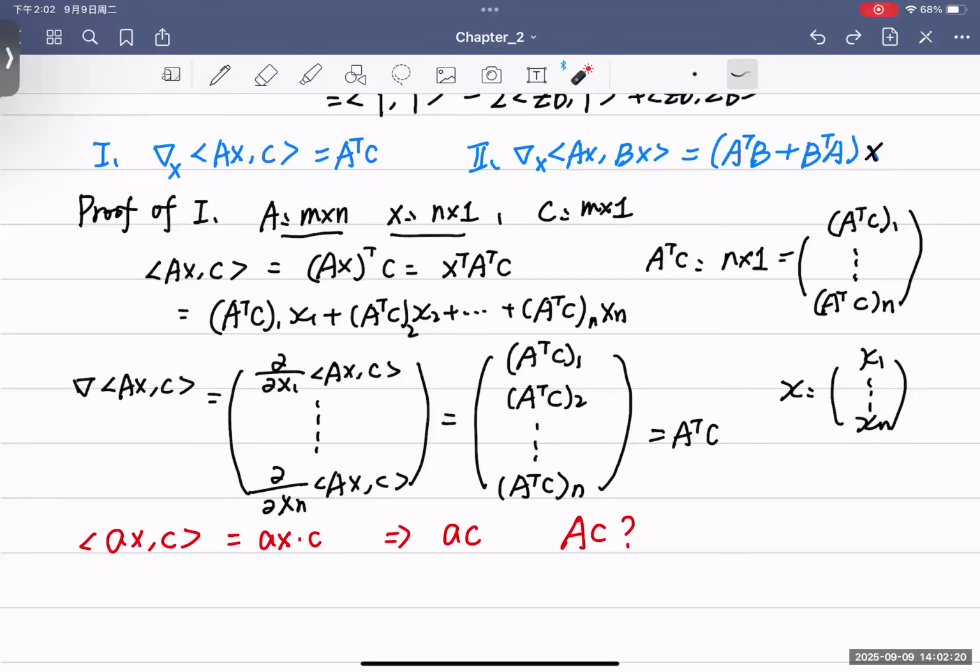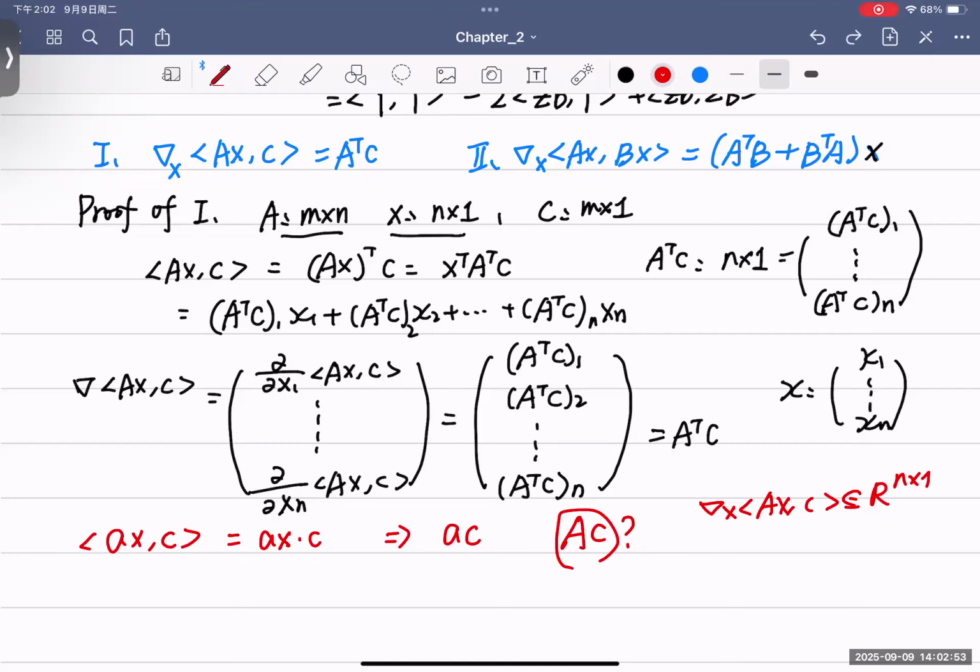We also know the gradient must be an N times 1 vector. So in this case, it must become N times 1 here.